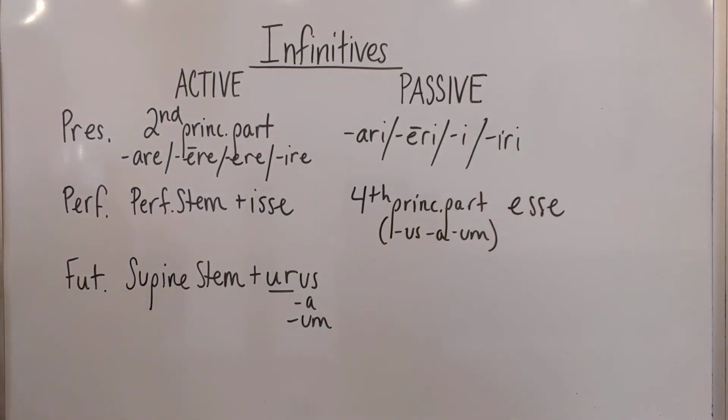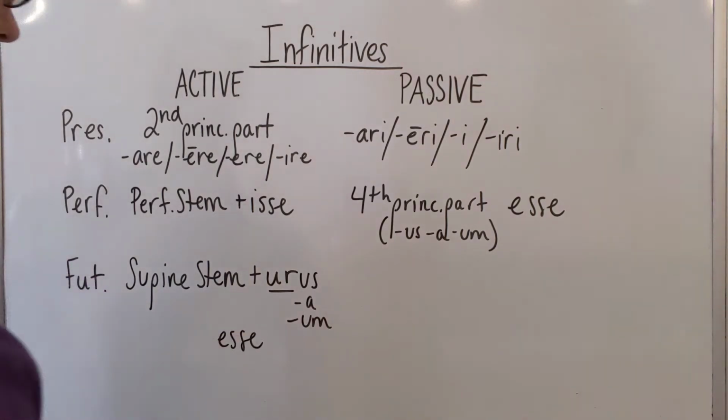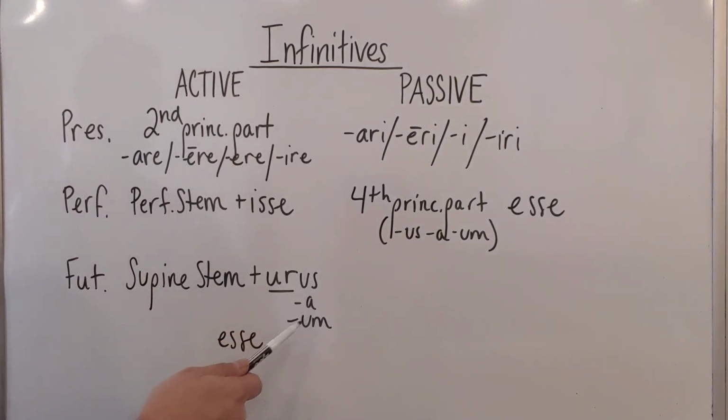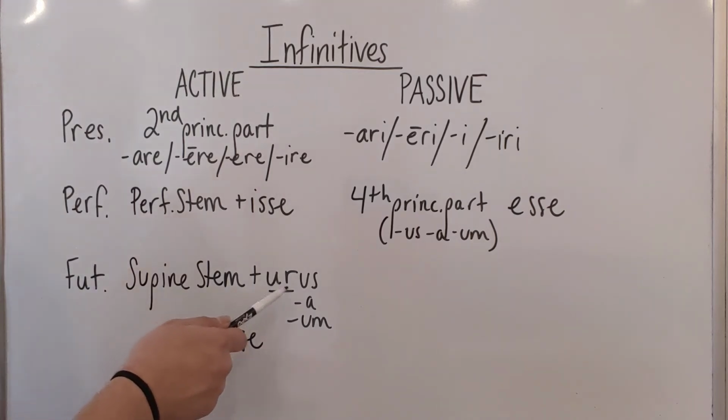So we get -urus, -ura, -urum, and its helping verb is esse. So amaturus esse, tenturus esse, ducturus esse, capturus esse, auditurus esse.